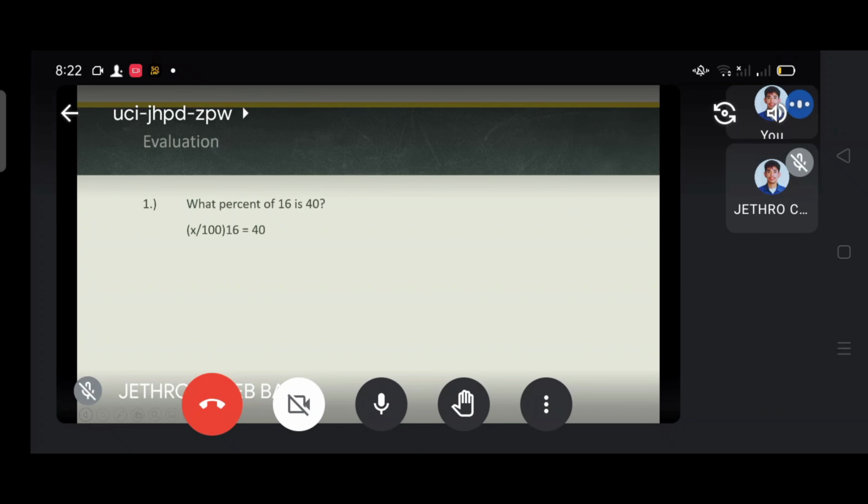Ayan. Now, this is an example of a mathematical equation. It is a sentence because it gives us a complete thought. Now, ang gagawin na lang natin is i-evaluate natin yung equation para makuha natin yung value ng x.